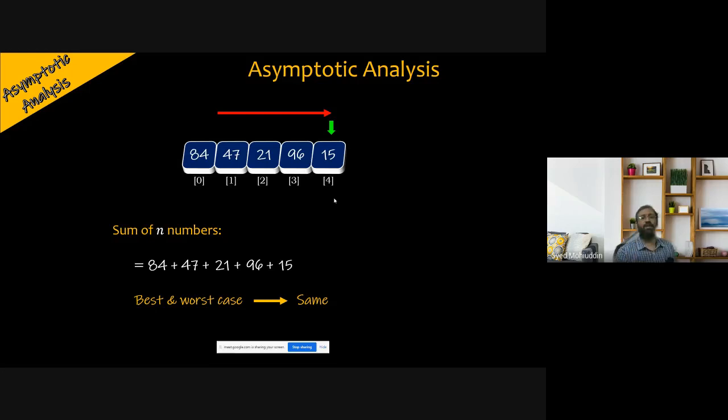And there is no average case as such, because when I say sum of n numbers, I don't add only some of the numbers, like up to the middle element. I have to add all the numbers. So there is no such thing as an average case here, and the best and worst case are the same.